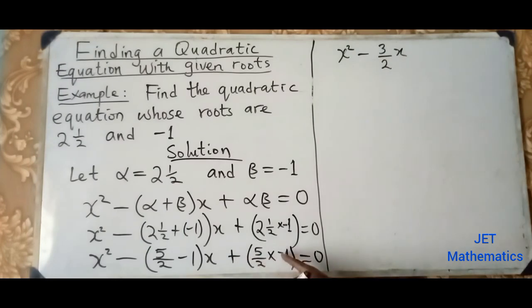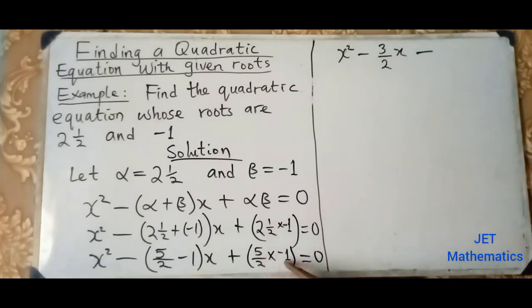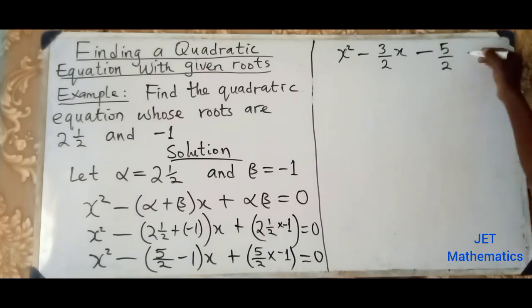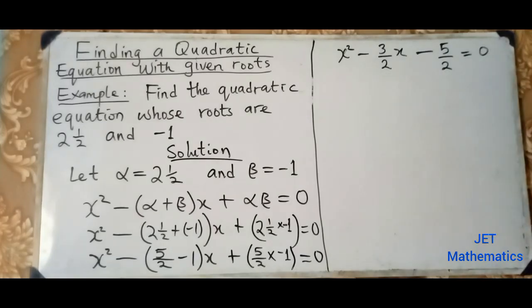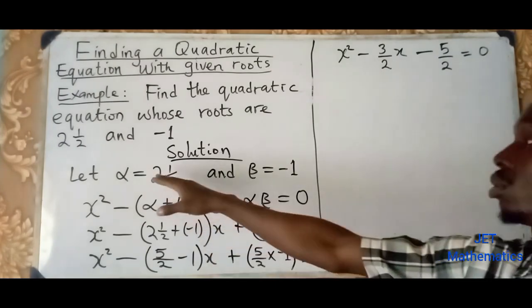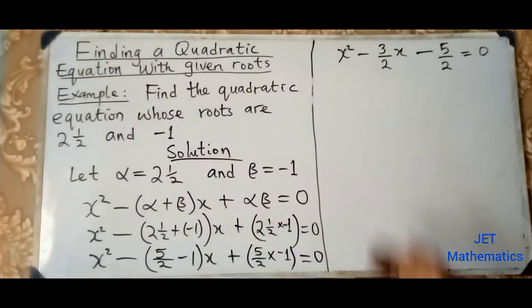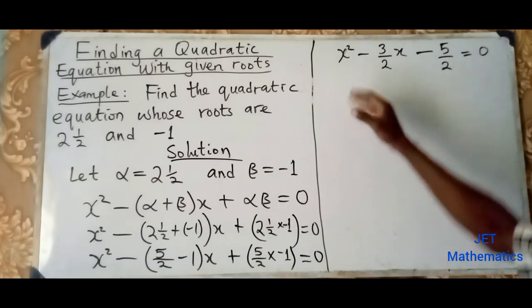Then minus times plus times minus gives us minus, and 5 over 2 times 1 gives us 5 over 2, equals 0. So this is the quadratic equation whose roots are 2.5 and minus 1. But we can make it look better by clearing the fraction.